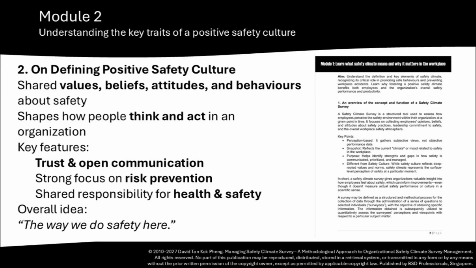The CBI explains organizational culture as a blend of shared values, attitudes, and behavior patterns that shape the unique character of a workplace. In simpler terms, it is the way we do things here. According to the CBI, an organization's safety culture refers to the shared beliefs and views among staff about risks, accidents, and health issues.